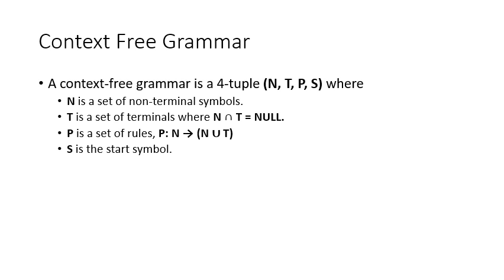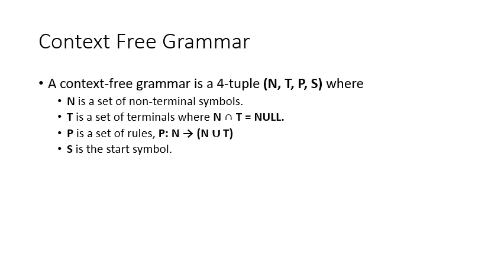Then we have P. P is the set of rules, also known as production rules. They are called production rules because they are used to produce correct sentences of that grammar, of that language. These rules have a left hand side and a right hand side.